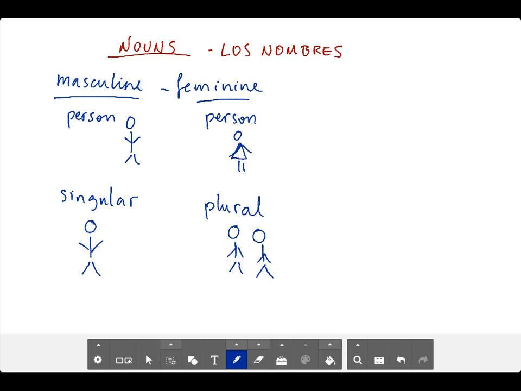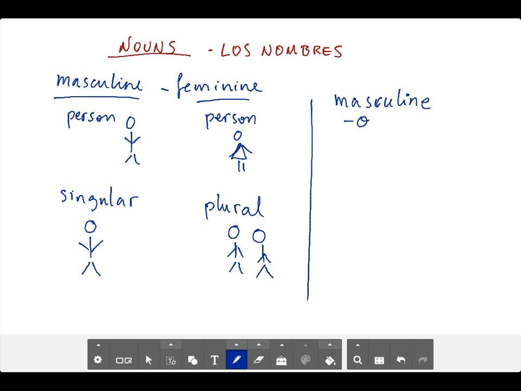So when the nouns do not refer to a person, the only way to know if a noun is masculine, for objects, places, ideas, or concepts, is this: a masculine noun usually ends in an O, but can also end in other letters.